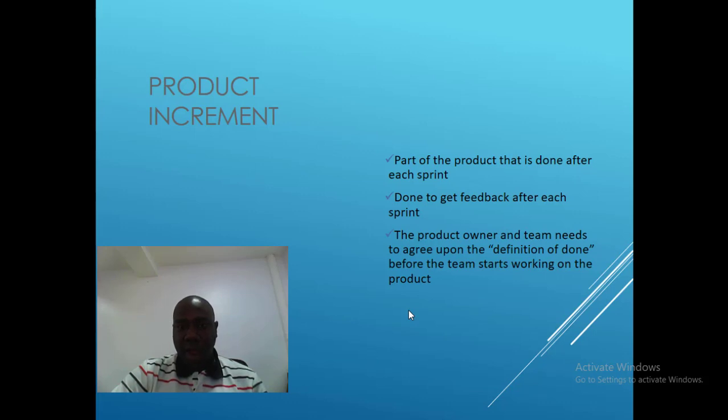So when a product increment is delivered, it is sent to the customer for feedback. The product owner and team need to agree upon the definition of done before the team starts working on the product. What is the definition of done? Definition of done is the requirement that needs to be met before a project can be acceptable.